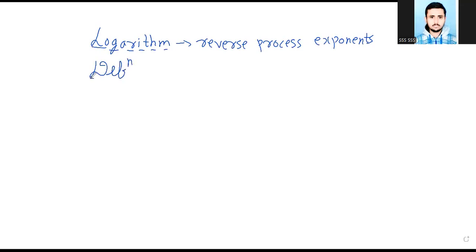So definition of logarithm. Let us assume there was a number a raised to the power b and our value is c. In that case, we can say log of c to the base a is equal to b.